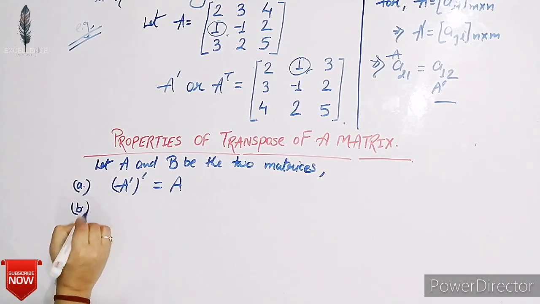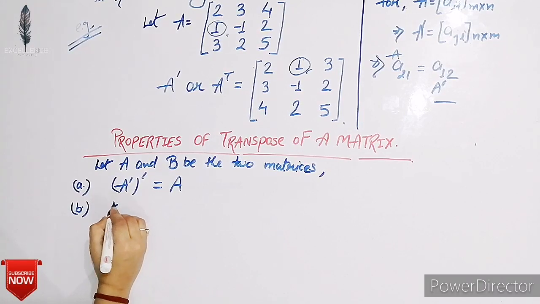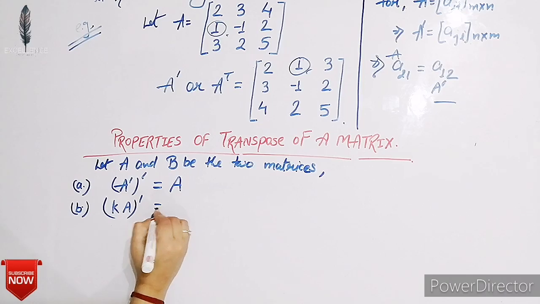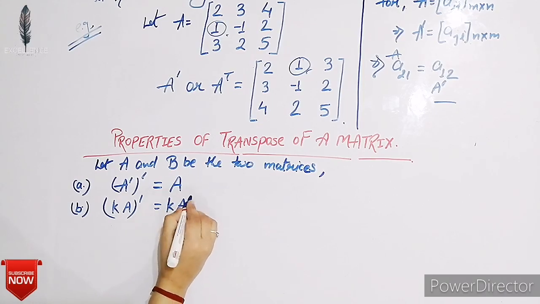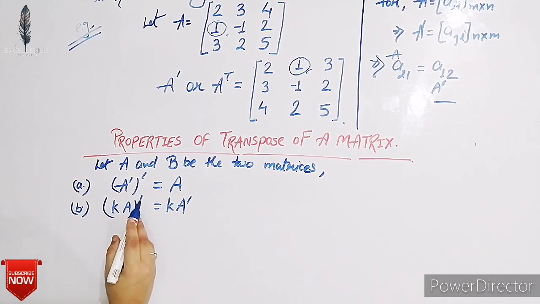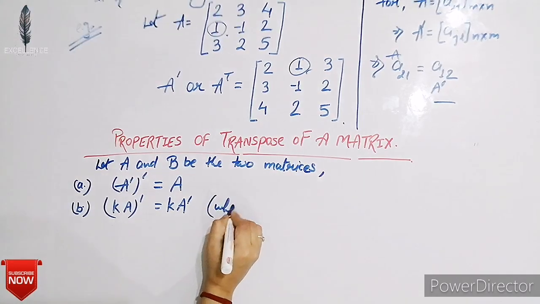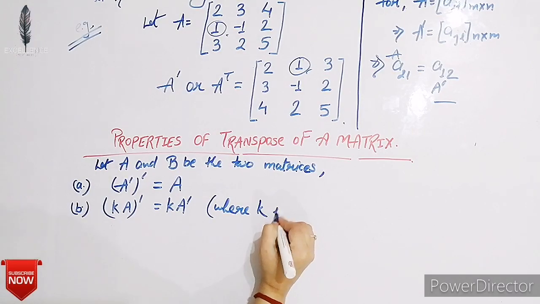अगर हम डबल ट्रांसपोज निकालेंगे तो that is equals to A ही होगा. Second is KA whole dash is equals to KA dash. KA का ट्रांसपोज निकालें, अदरवाइज ट्रांसपोज में K का मल्टीप्लाई करें, it is equal, where K is a scalar.